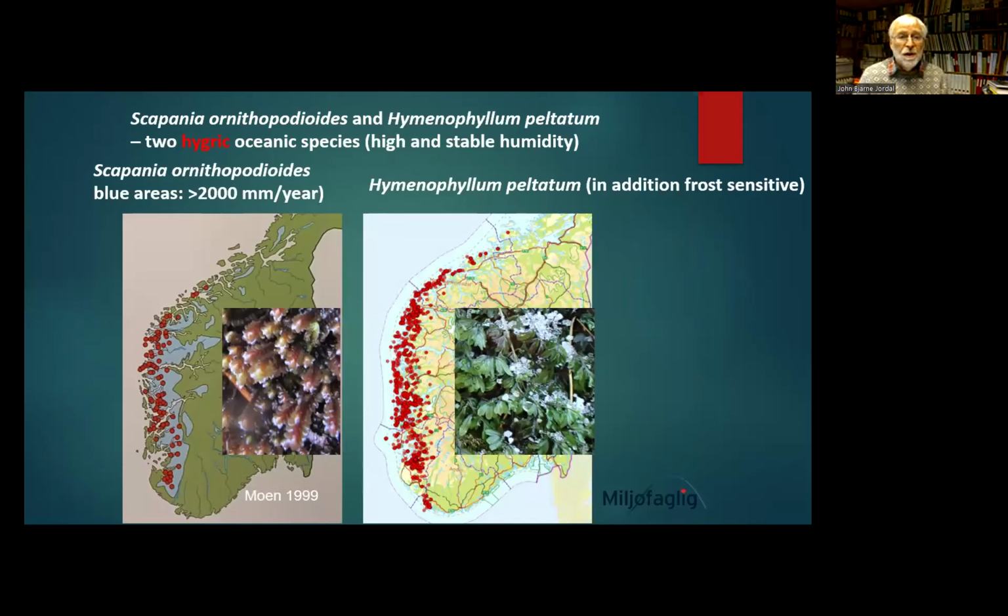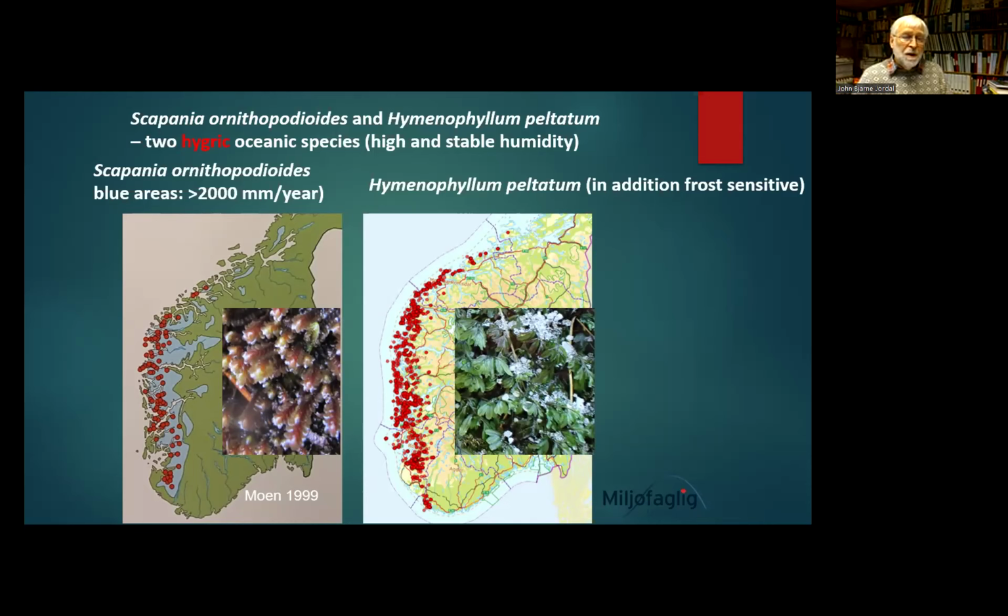In mosses and other organisms, there are also some with hygric oceanic distribution. That means that they respond to high and stable humidity. And one example is this Scapania ornithopodioides, which seems to occur mostly in coastal mountains with a precipitation above 2,000 millimeters per year.